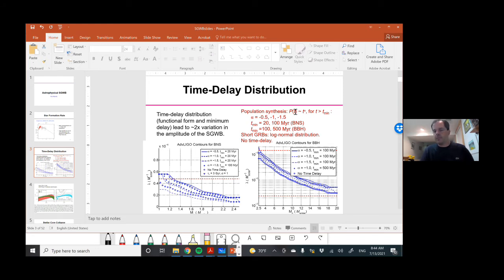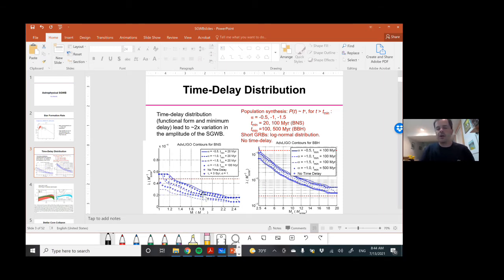Here P of t is assumed to be time to some power alpha, where for alpha we looked at values of -0.5, -1, -1.5. We looked at a few different values for T min. For T max, it doesn't really matter. That doesn't contribute very much to the integral. But we typically assume it to be basically the age of the universe, so 13 gigayears.